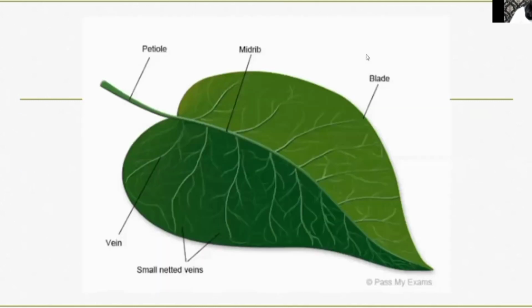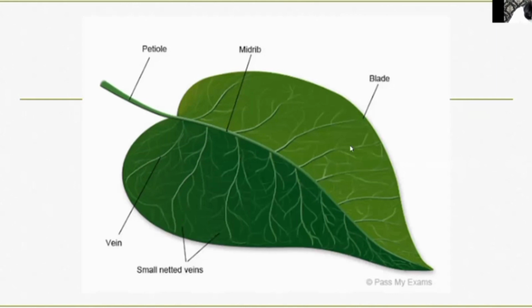So I will show you the picture. Can you see, children, this straight line right in the center of the leaf? That is called the midrib, and the flat surface of the leaf is called the blade. Now, from the midrib, can you see there are lines coming out? This is known as veins.